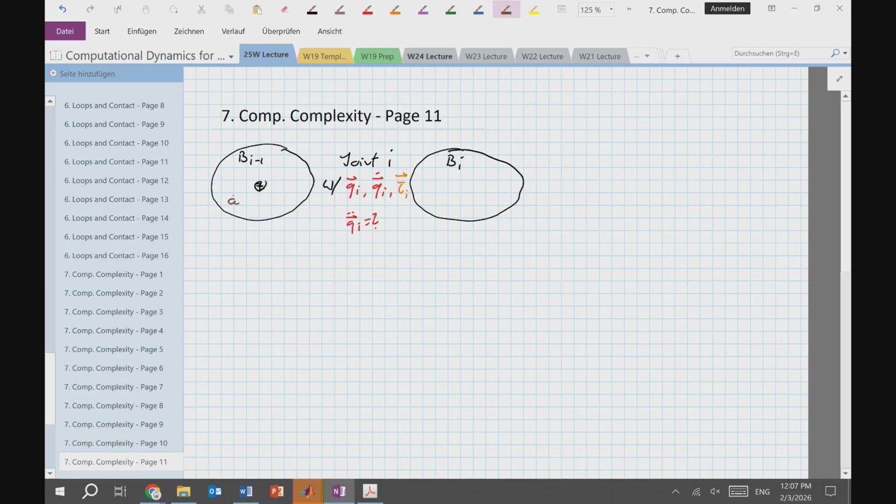I also assume that I know A, B, I-1. I also assume that I know the acceleration of the predecessor, spatial acceleration, so translational and rotational.